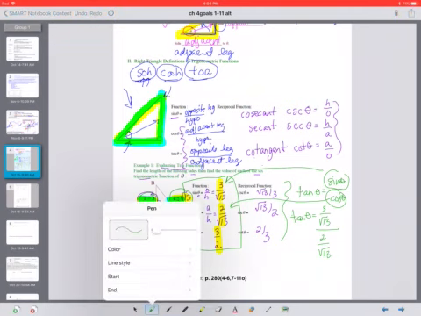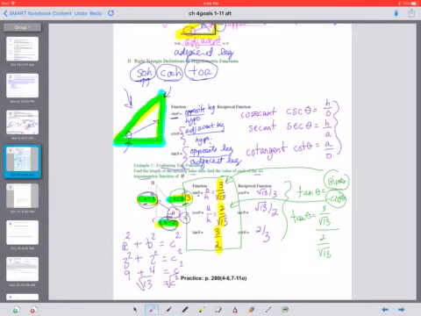If we keep the numerator, switch the denominator and flip it, we see that the root 13s cancel and tangent is 3/2. So in other words, the ratio of sine divided by cosine will always give us tangent.